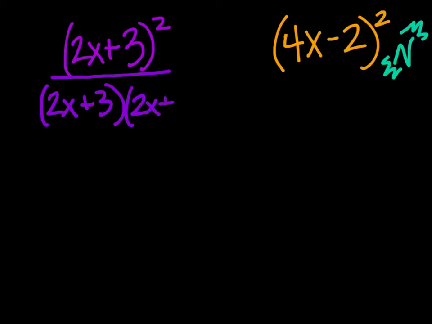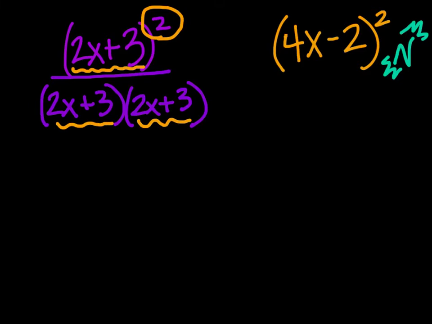To do that math, we have to pay attention to what squared means: everything inside the parentheses is going to be repeated as many times as the exponent tells us to repeat it. So here is an example of how 2x plus 3 squared should be written out.